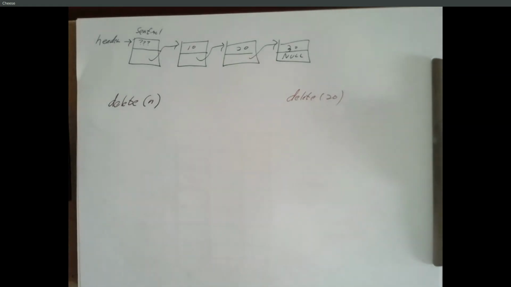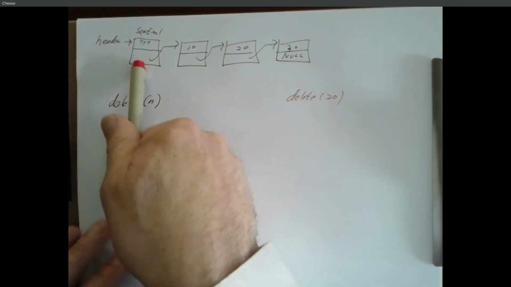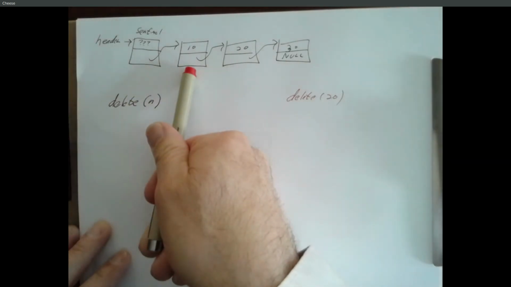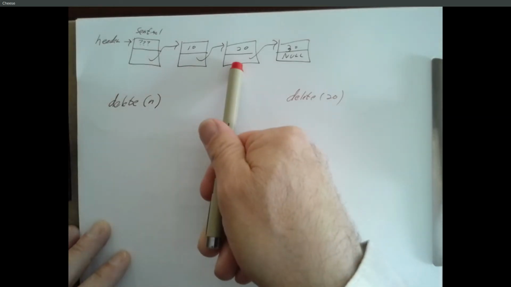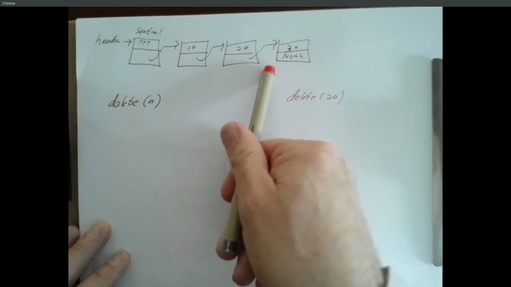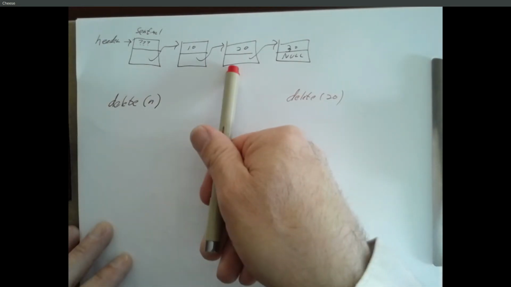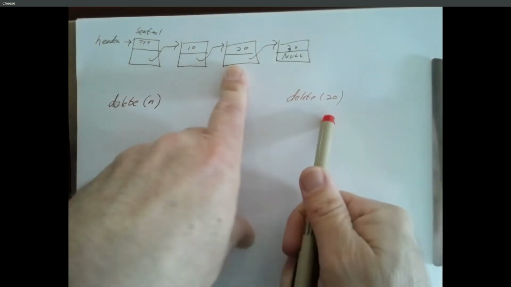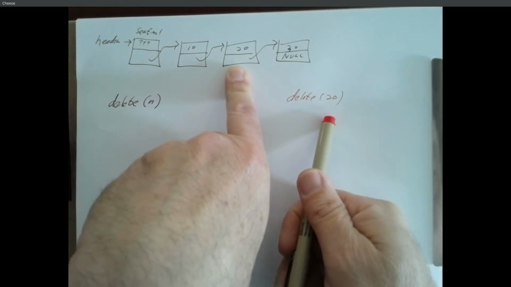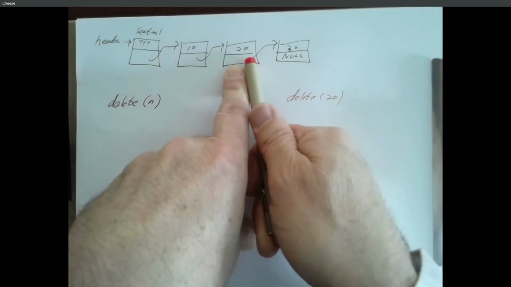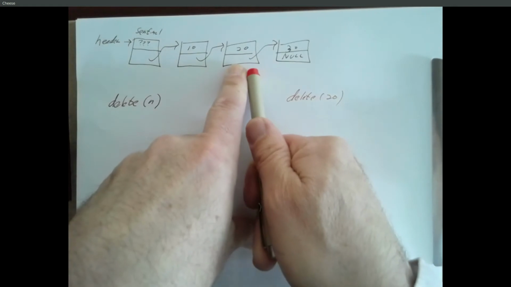So our general approach, remember, is going to be start at the beginning, look at the first data node, see if we should delete that. If not, go on to the second node, see if we should delete that. Keep moving through the list, right? Each node has a pointer that tells us where the next node is, until we get to a node that matches the number we're trying to delete. So this node's data value is equal to n. This is the node we want to delete.